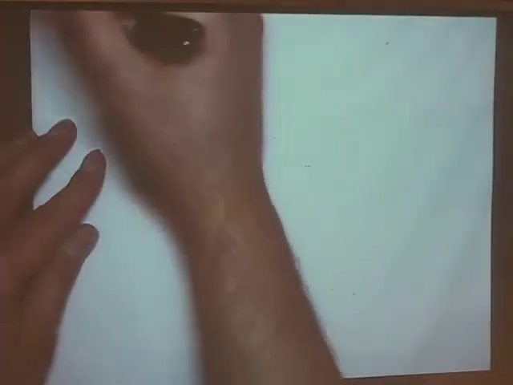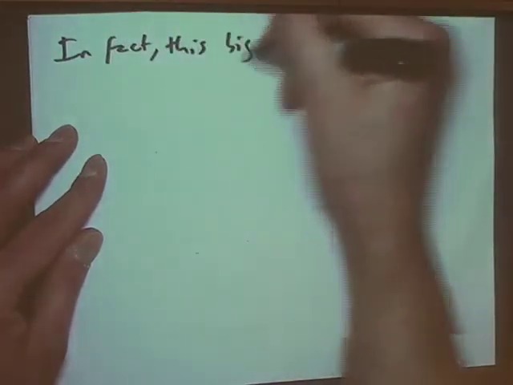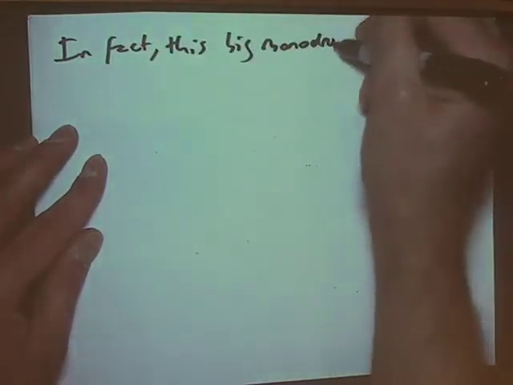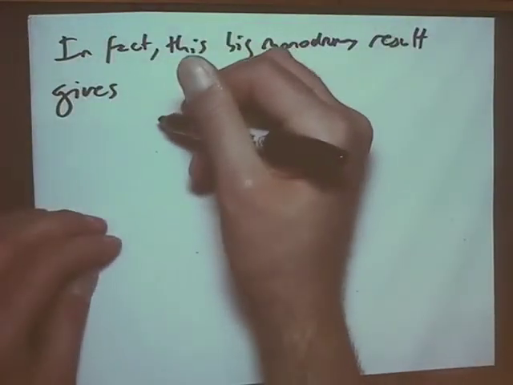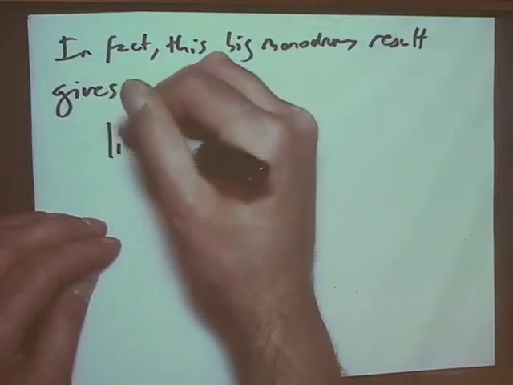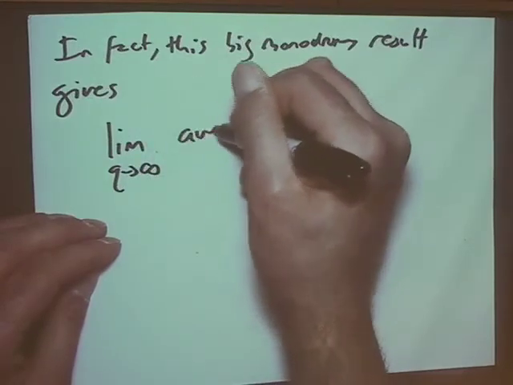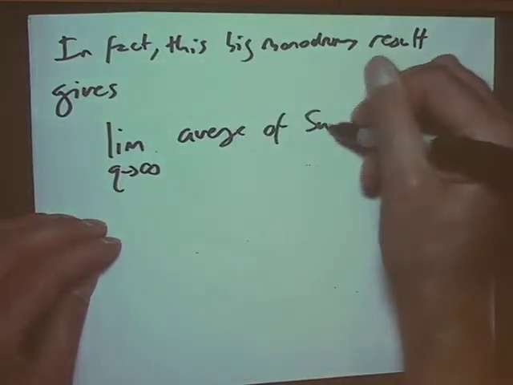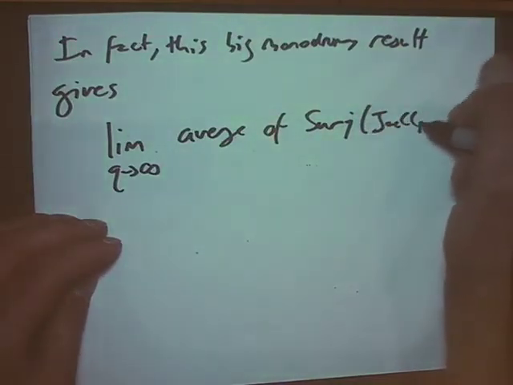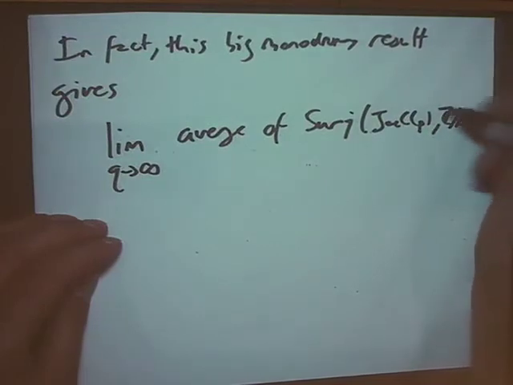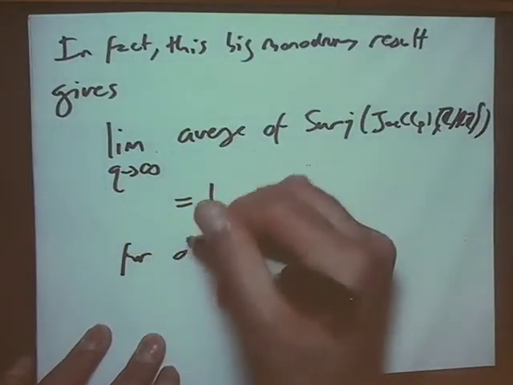in fact, this big monodromy result gives that the large q limit of the average of the number of surjections from the Jacobian to (Z mod LZ)^r equals 1 for all r.